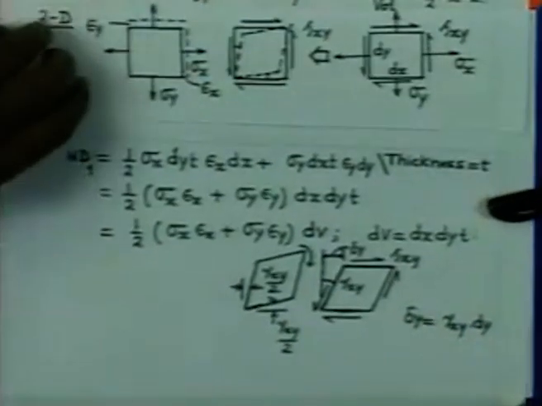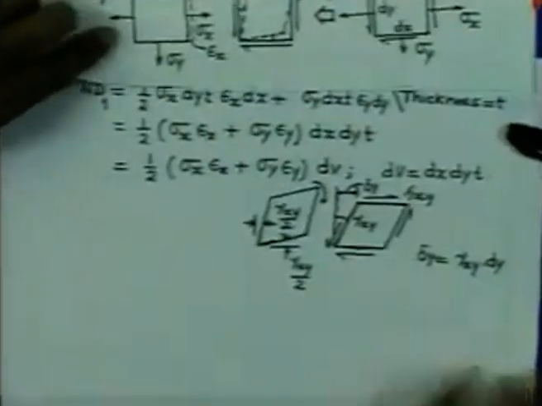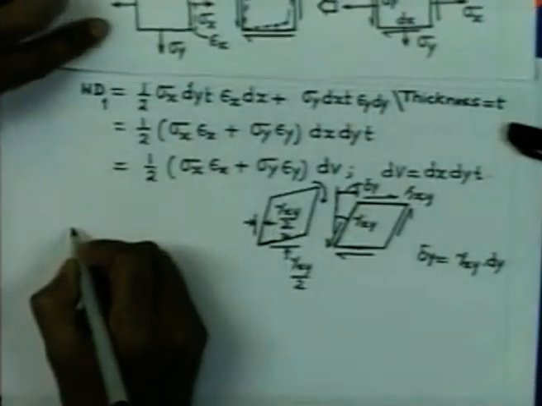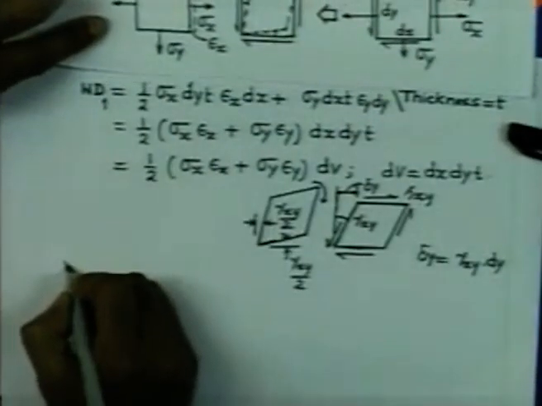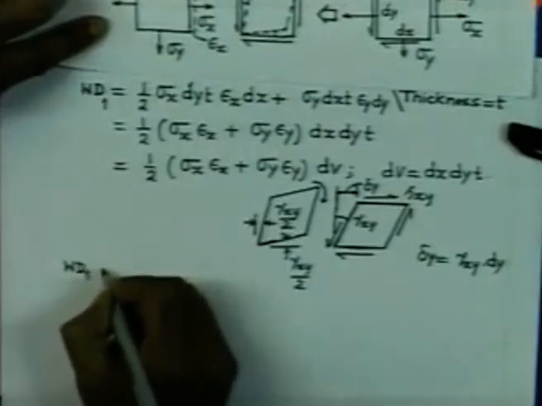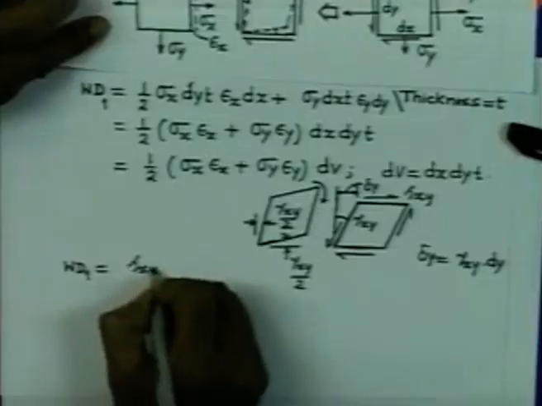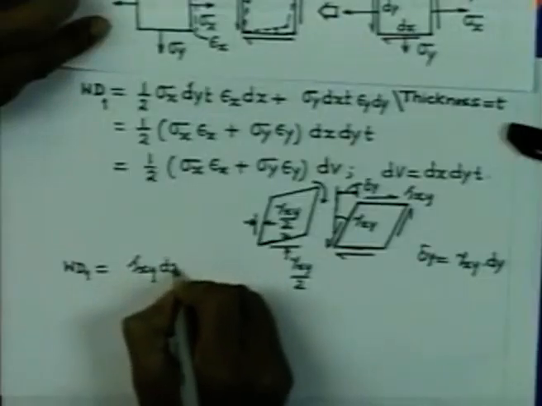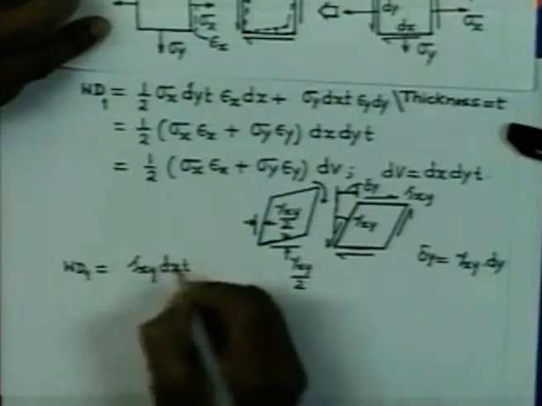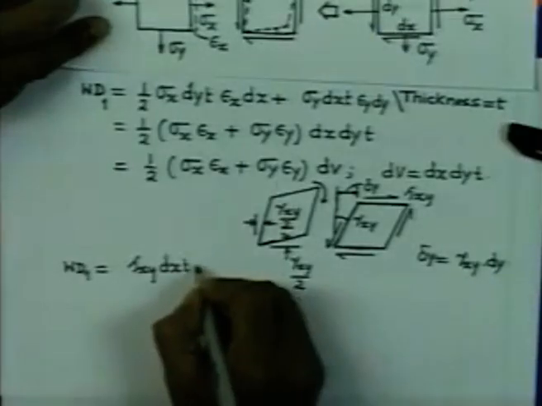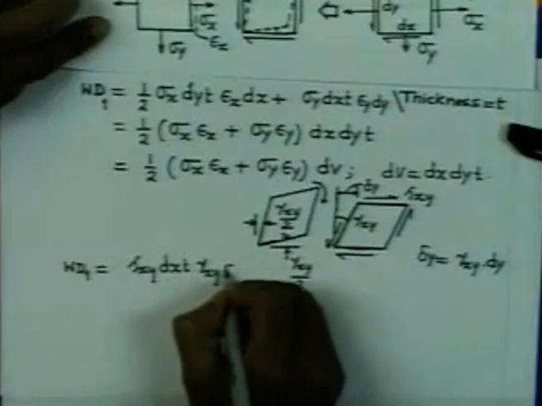So, we can write now this work done due to the shear component of loading is nothing but the force which is tau xy acting on an area of dx into t, and the displacement is gamma xy multiplied by dy.